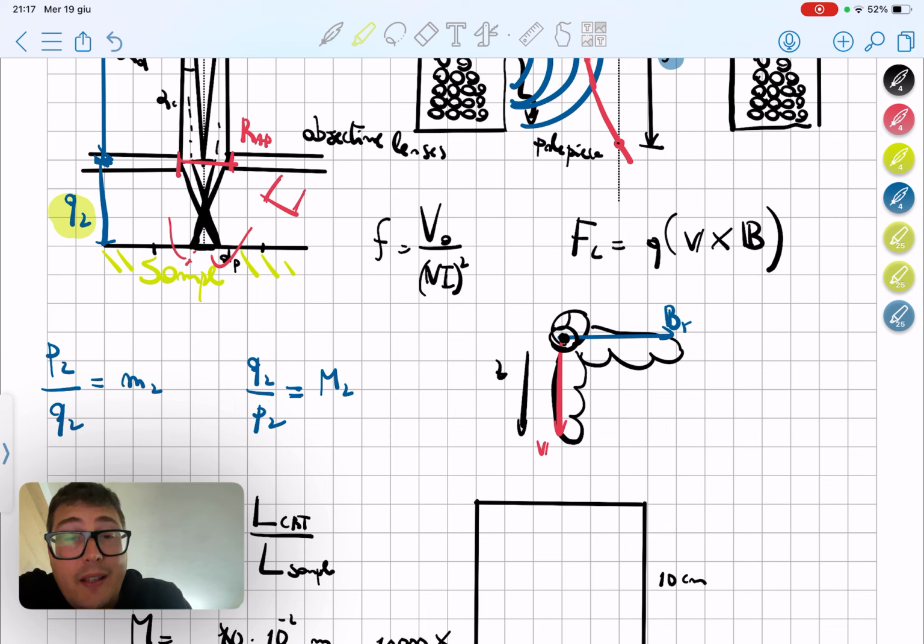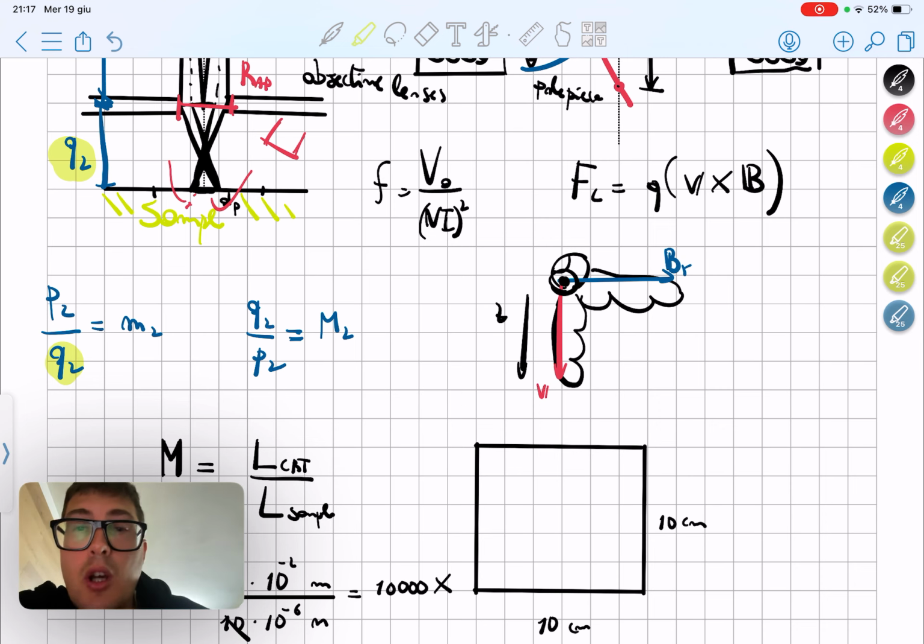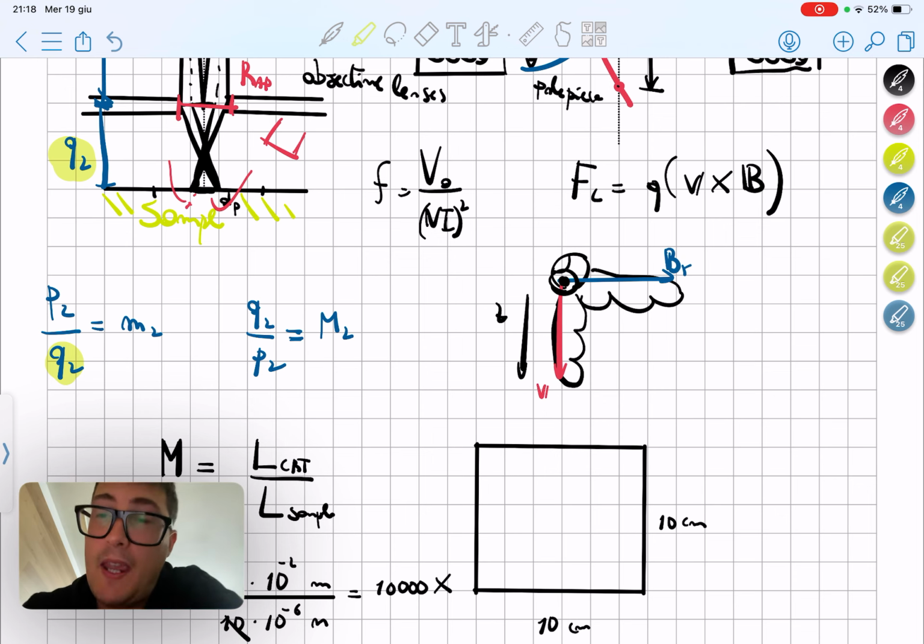It will decrease the quality of the image. So we want to actually reduce this Q2, and we are increasing M2, which is the demagnification. So we are demagnifying the spot size more, and we are making a better image.